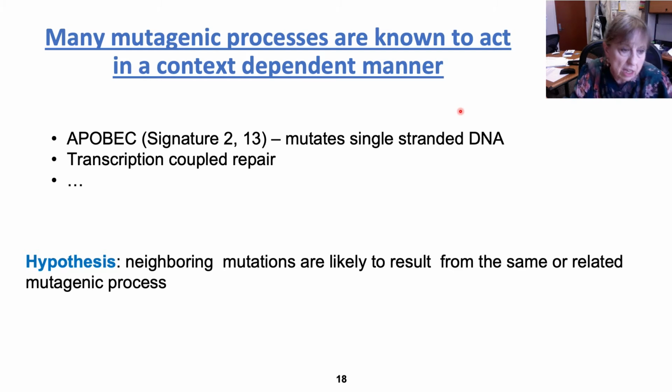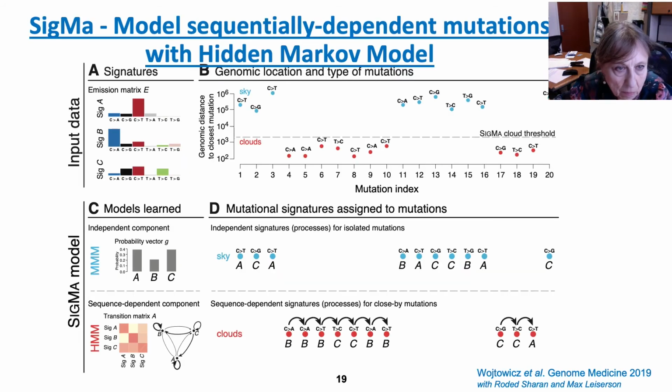So we hypothesize that neighboring mutations are likely to be a result of the same or related mutagenic processes. And based on that, we propose a hidden Markov model-based method to assign mutations to specific signatures. The method, called SigMa, has been developed in collaboration with Roded Sharan and Mike Lieberman's group, and briefly works as follows.